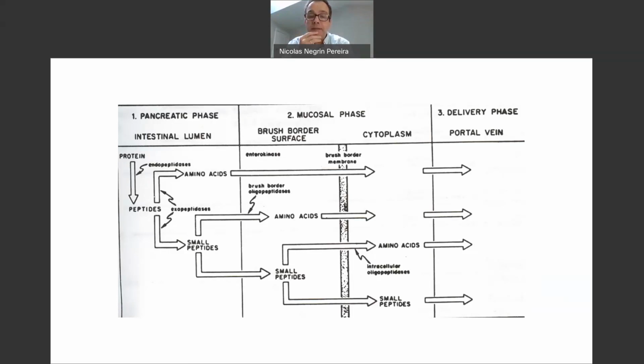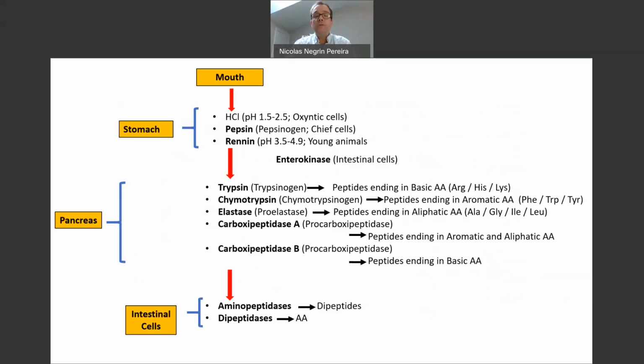And then the small peptides are again going to be broken down into amino acids or small peptides. Some of them, small peptides and dipeptides, can sometimes be absorbed directly, and they will go again into the portal vein, into the circulatory process.